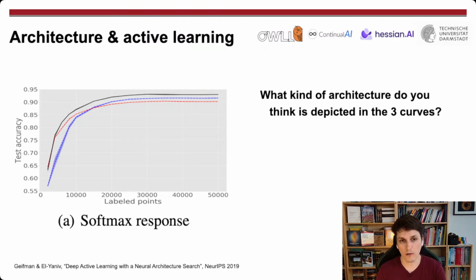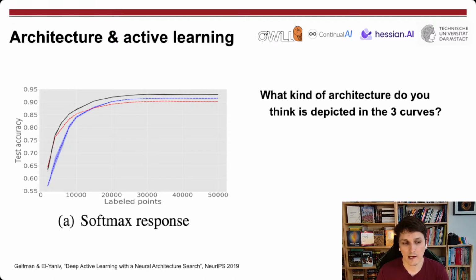Now, just recall that it's an active learning plot. The acquisition function here is actually the softmax response. So we query the data point that we include next as the one that has the smallest softmax response, so it's the least confident. Although we've said that it's not necessarily the best measure, for the purposes of this diagram, it doesn't matter.